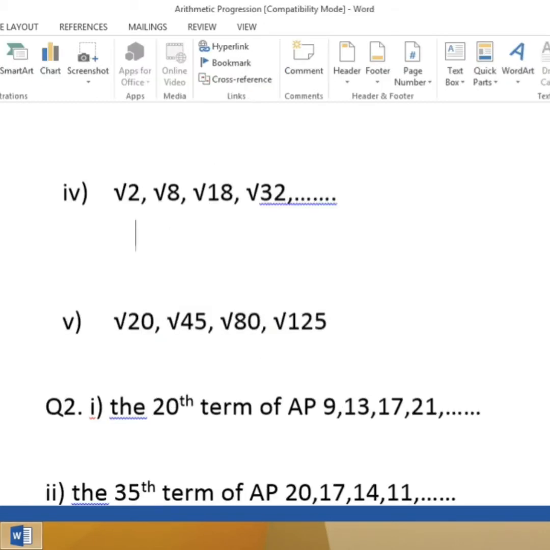Next, part 4 of question 1 is square root of 2, square root of 8, square root of 18 and square root of 32. It goes on that way. So square root of 8 can be written as square root of 2 into 2 into 2. And square root of 18 can be written as square root of 9 into 2. Then square root of 32 can be written as square root of 16 into 2.